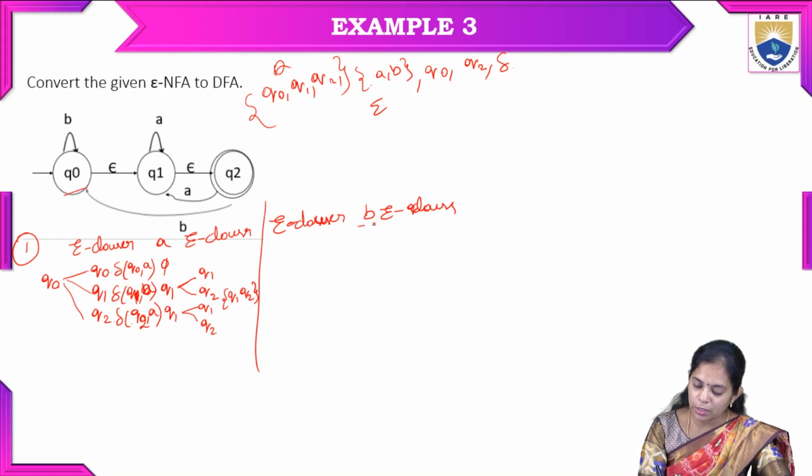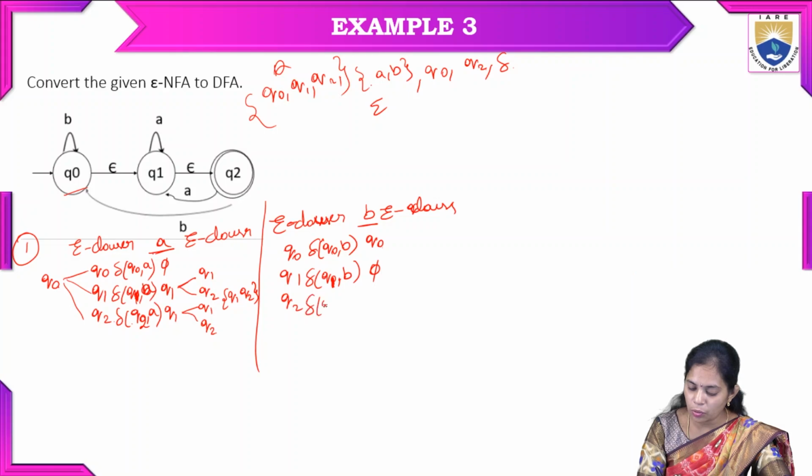We repeat the same thing for the b input. Epsilon closure of Q0 gave us three values. Transition of Q0 with the b input gives only Q0. Transition of Q1 on b: there is nothing.